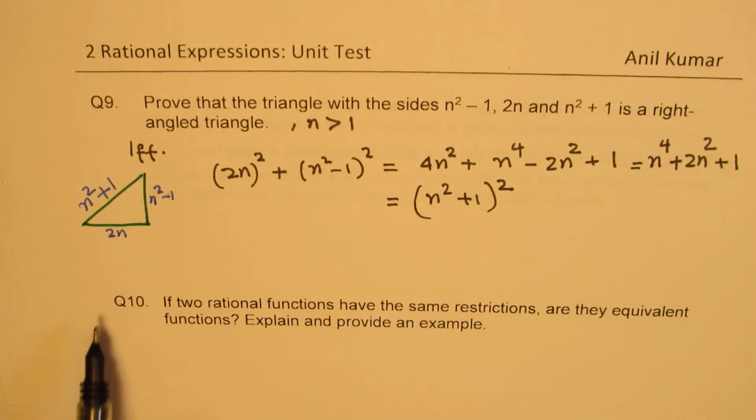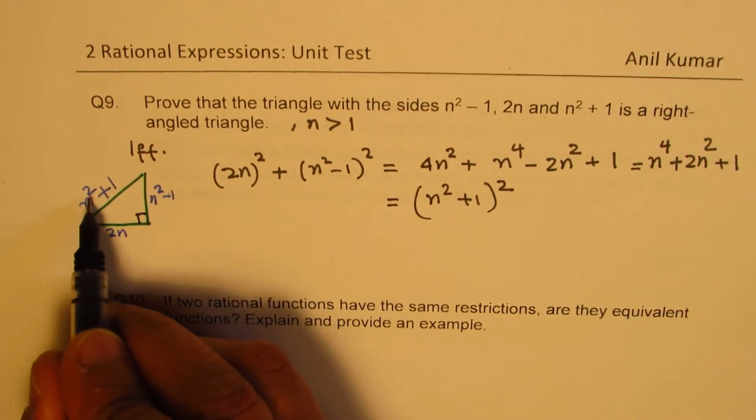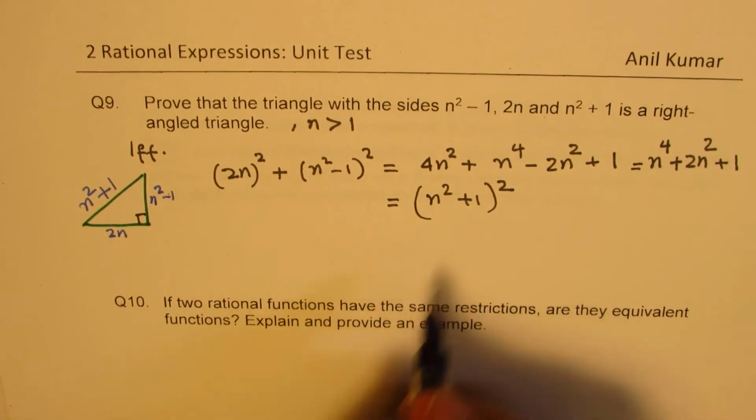So what we have shown here is the sum of the squares of these two sides is equal to the square of the third side, and therefore it is a right angle triangle, right?